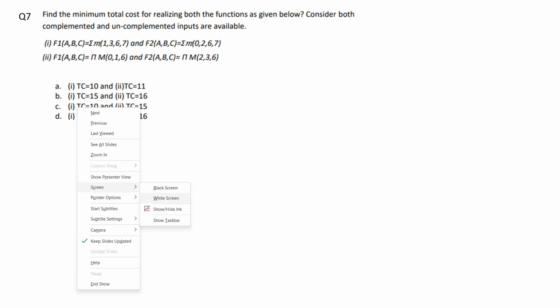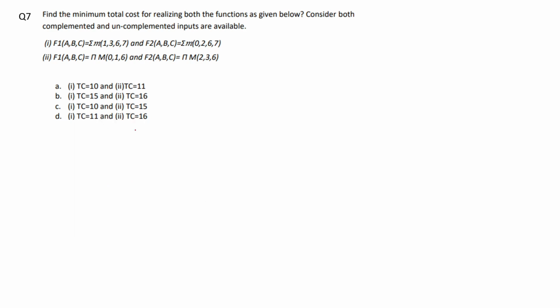So what I have to do, I'll just pick the pen. So here I have f1 and f2 for option first. So f1 is summation of min terms 1 3 6 7.